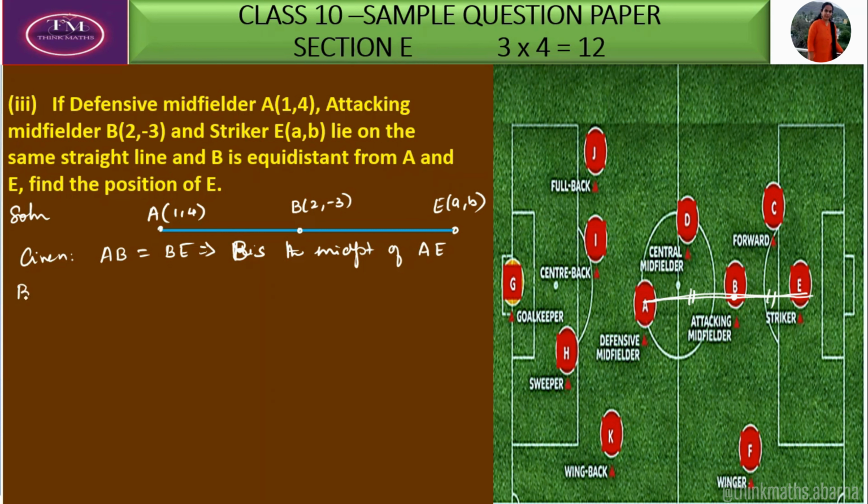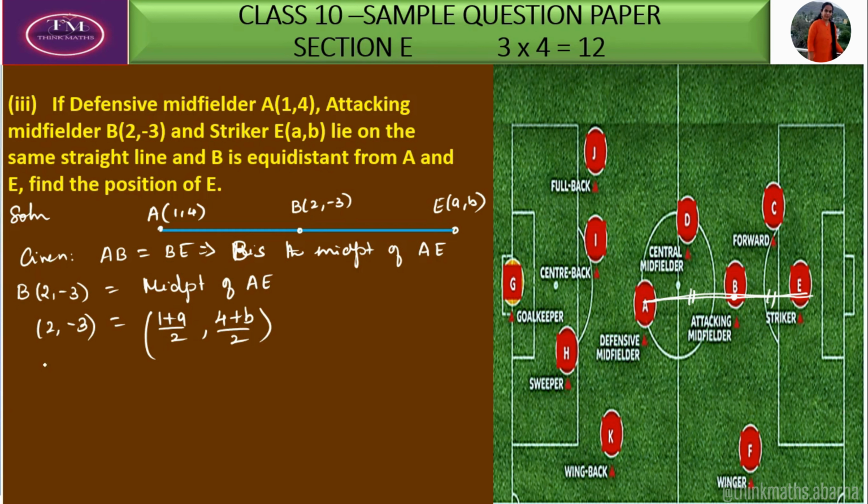So what will be there? B of (2, -3) will be equal to the midpoint of AE. So what is the midpoint of AE? (1 plus a) by 2 comma (4 plus b) by 2, which is equal to (2, -3).